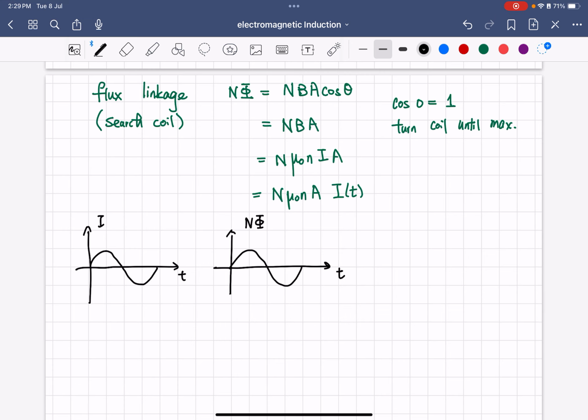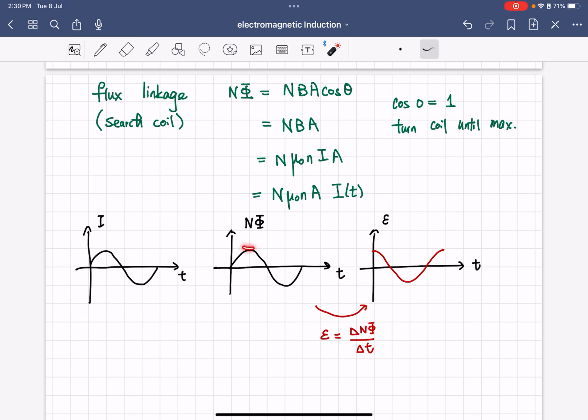Then your EMF will be determined by looking at the gradient of the magnetic flux linkage, which will be like this.